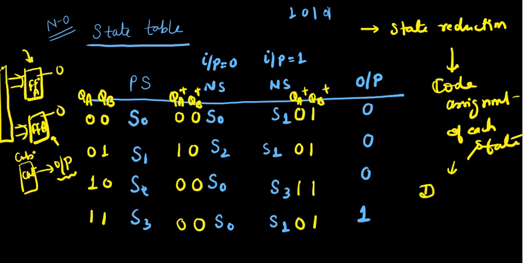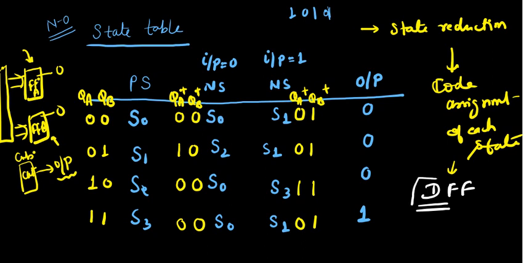Now we have to ask which flip-flop. So we need to get this state table using D flip-flop. How are we getting the excitations? These are the excitations: we are in QA QB and we are moving towards QA plus QB plus.